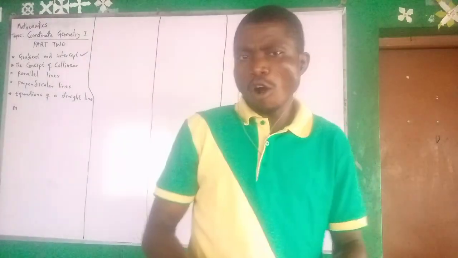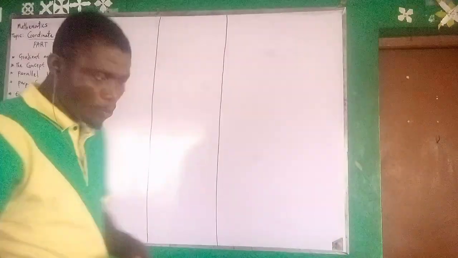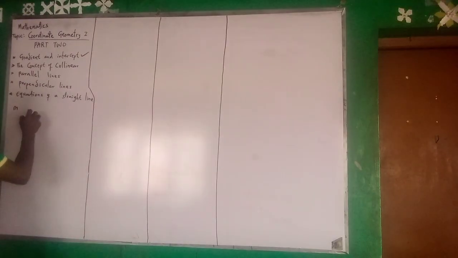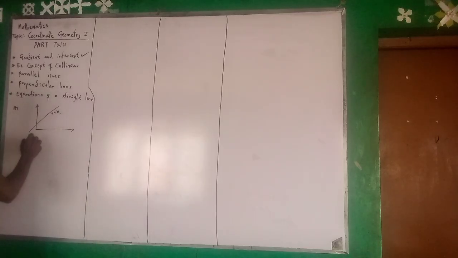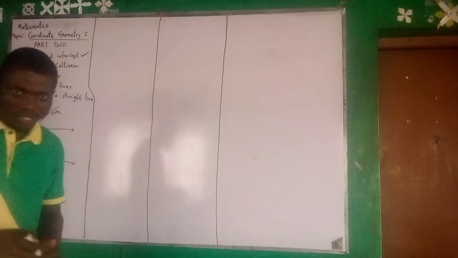For positive slope, the diagram is like this. You see the rise of the line, right? For negative slope, the diagram is like this. This is the fall of a line, right?